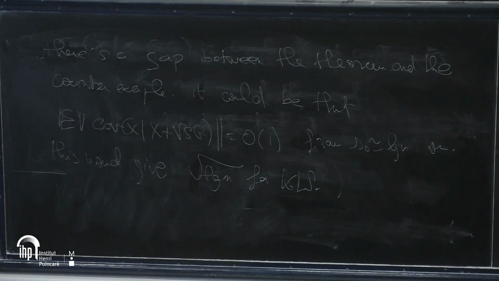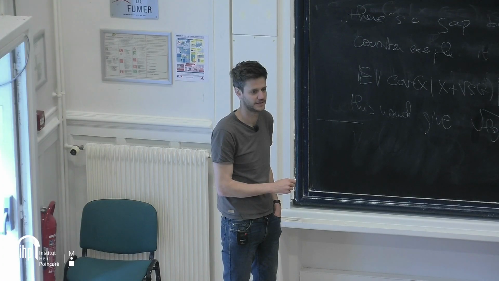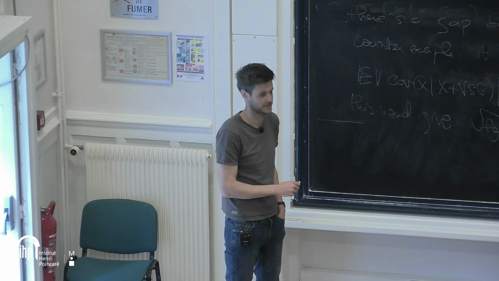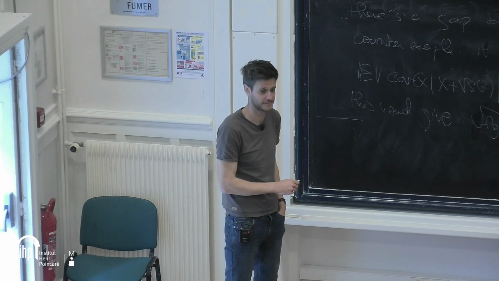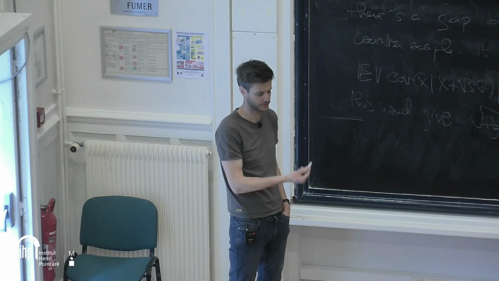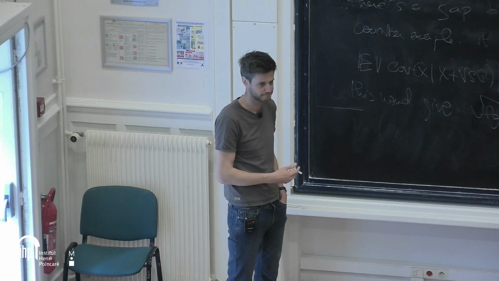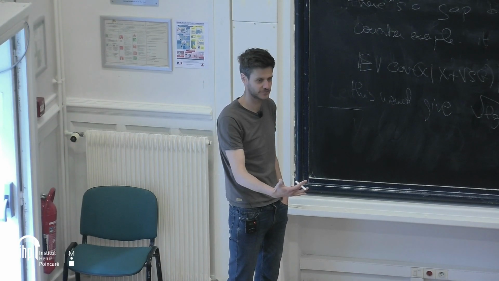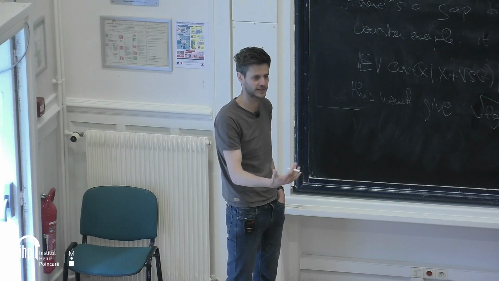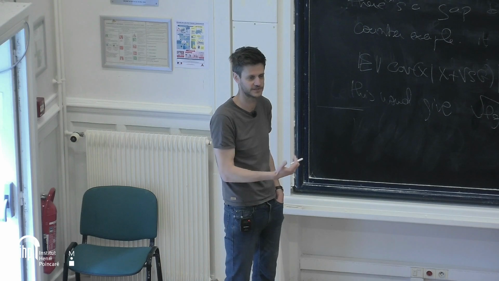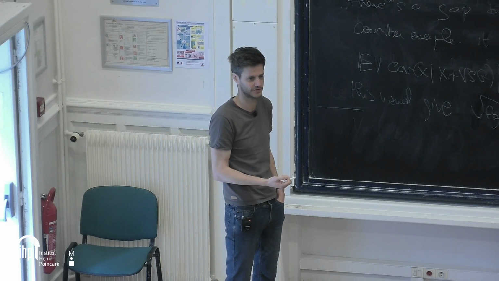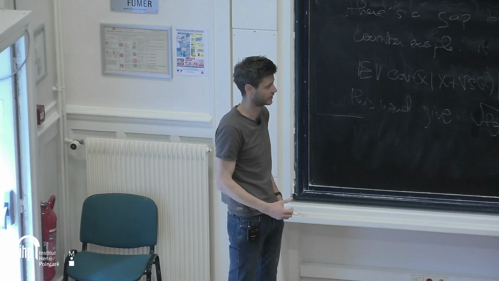Are there any questions on this? Yes? So if you run this scheme for the exponential measure, you cannot prove it for the exponential measure? Yeah, that's bad. If you run this scheme for the exponential measure, you get a square root log n bound for the Poincaré constant of the product of exponential, which is ridiculous because the Poincaré constant doesn't depend on n.